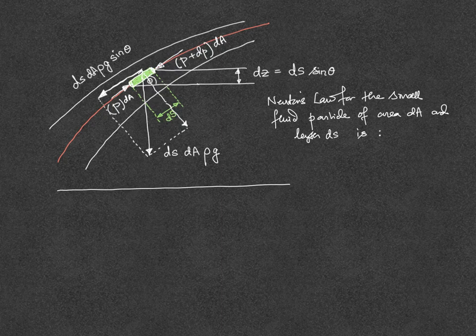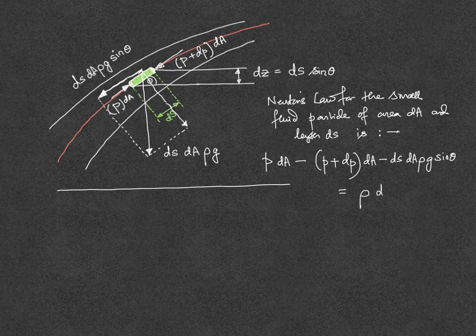The force P dA minus P plus dP times dA minus ds dA rho g times sine theta, net force, equal to mass times acceleration. What is the mass?